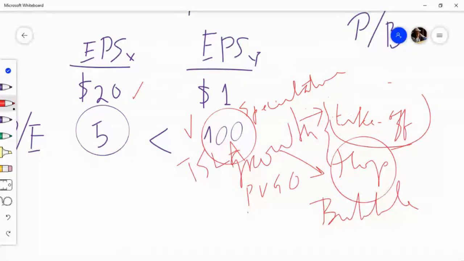Tesla was a typical case. Even until the early 2019, it was way, way overvalued. It's just like Bitcoin. There's no reason for Bitcoin to be $60,000.